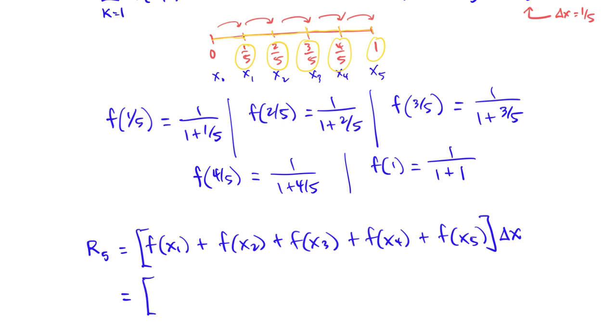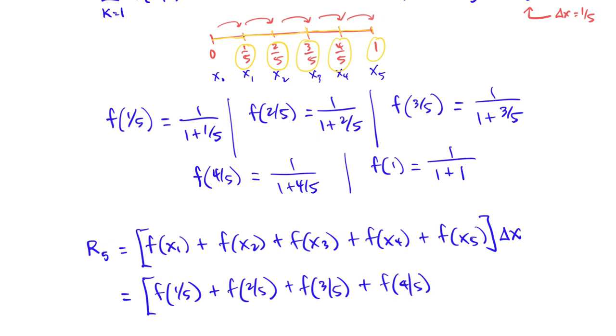This is f of 1 over 5 plus f of 2 over 5 plus f of 3 over 5 plus f of 4 over 5 plus f of 1, times delta x.